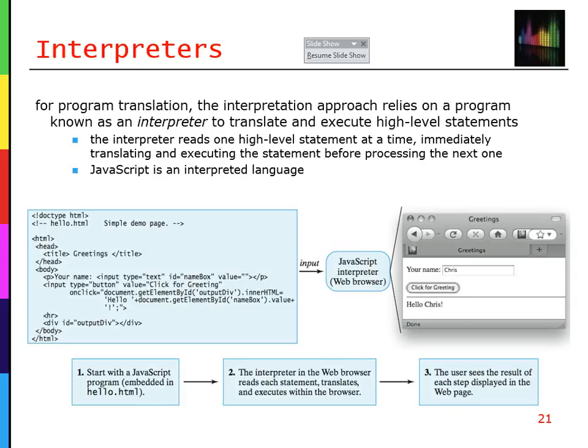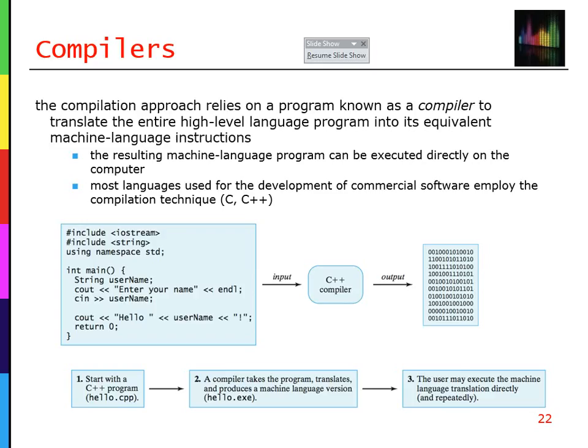So interpreters. For program translation, the interpretation approach relies on a program to interpret. The interpreter reads the high-level statements one at a time, translates and executes them one at a time, and displays the result. That is JavaScript. A compiled language is a language like C++.